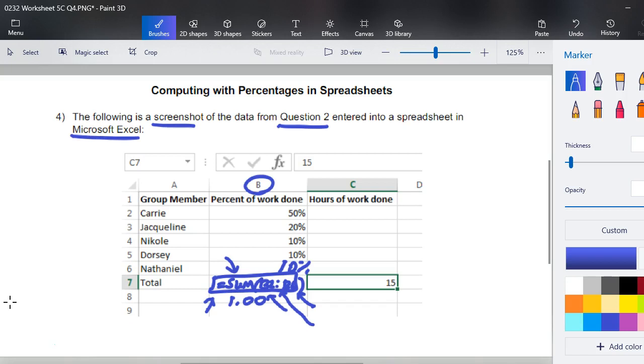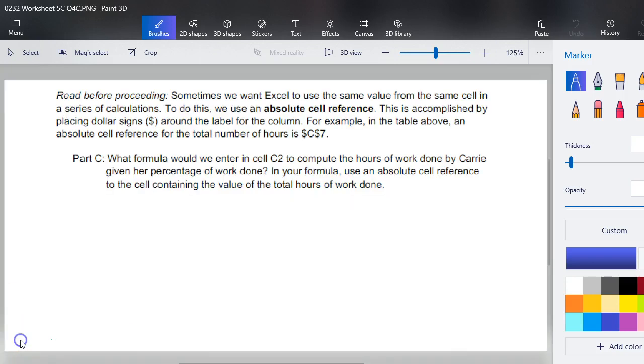Moving on to part B. Which cell contains the value of the total hours of work done? That would be this cell here, which is C7. They would like for us to read this before moving on, so let me go ahead and go to that screen. Sometimes we want Excel to use the same value from the same cell in a series of calculations.